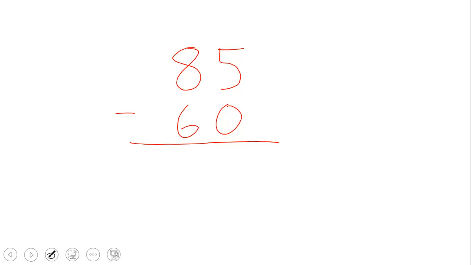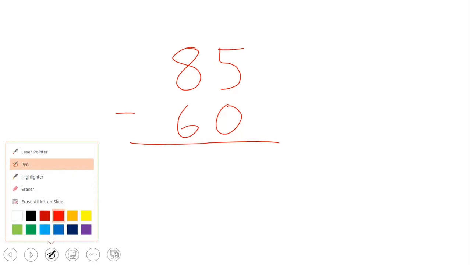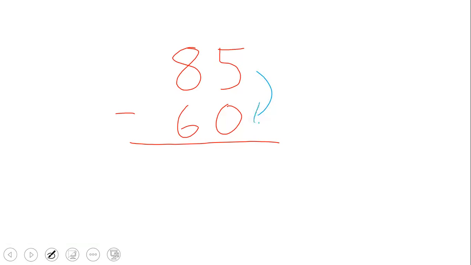Okay, so we are going to go column by column. We're going to start with the ones column, and in the ones column, we have the numbers 5 and 0. And we ask, what is 5 minus 0? Indeed, 5 minus 0 is 5. So we place 5 here.